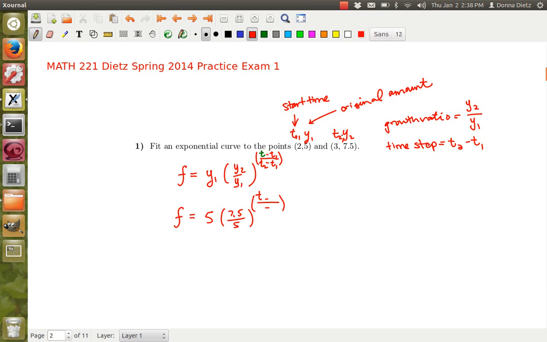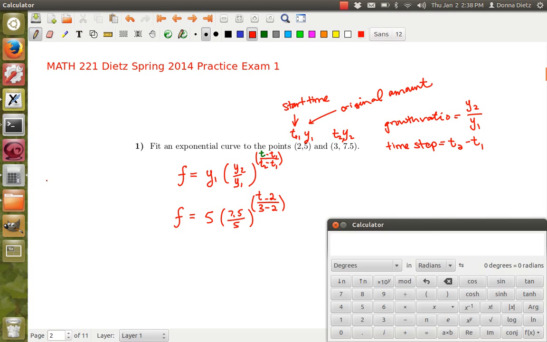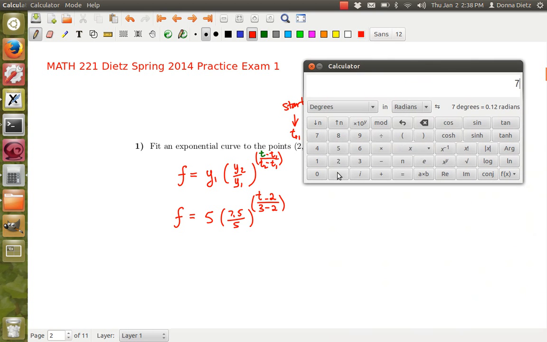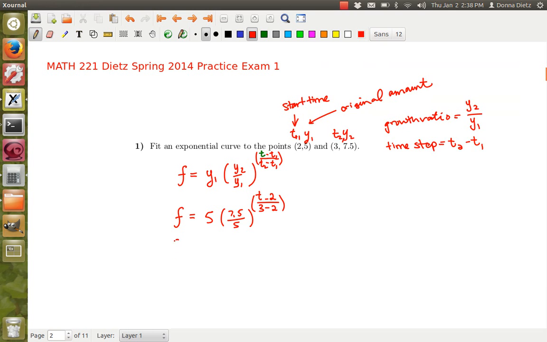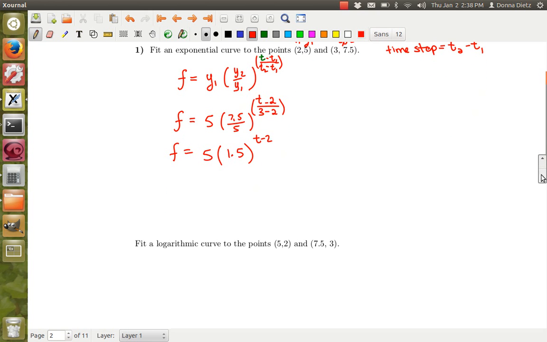T1 is our start time, and that's 2. T2 is 3 and T1 is 2. So let's simplify this down. 7.5 divided by 5 equals 1.5. Then you have T minus 2, because 3 minus 2 is just 1. So there you have your exponential curve that fits the points.